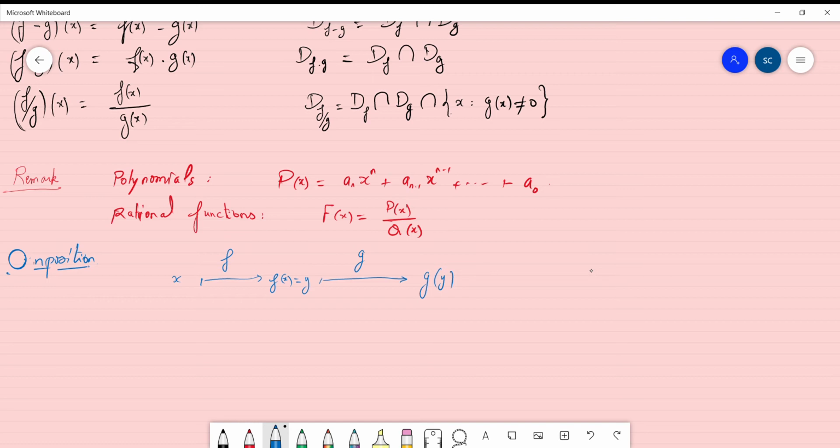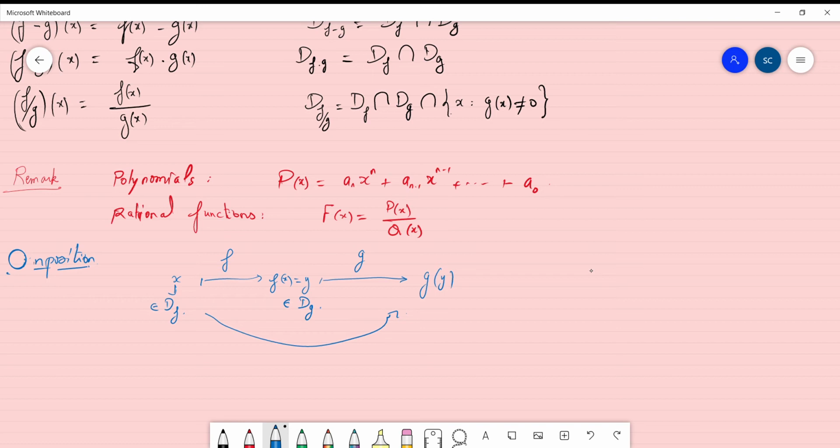So we need this y inside D_g, which means f of x must be in D_g. The x here is in D_f. As long as everything has meaning, then we can make this correspondence from x.